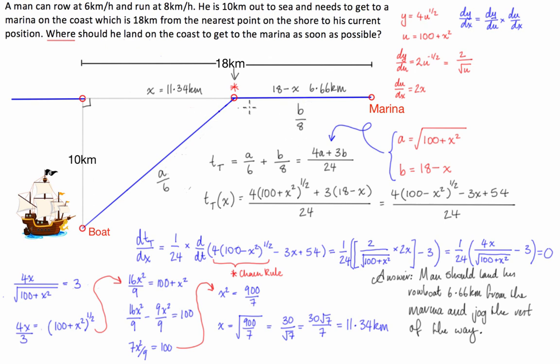Once I had that, I was able to use the distance between here and where he's going to come ashore as x, and I could then compute both distances, A and B, in terms of a single variable.